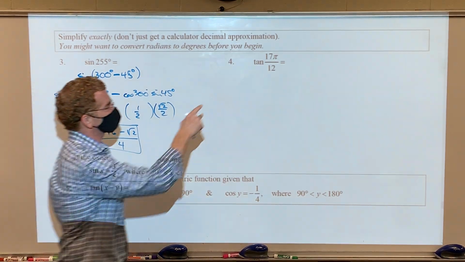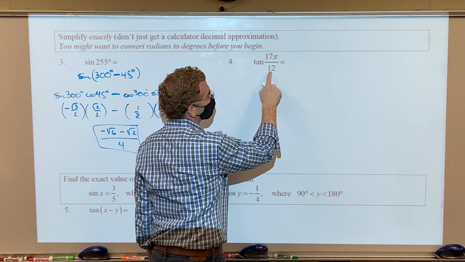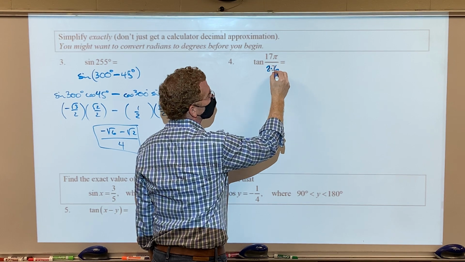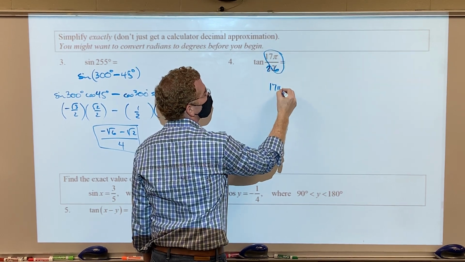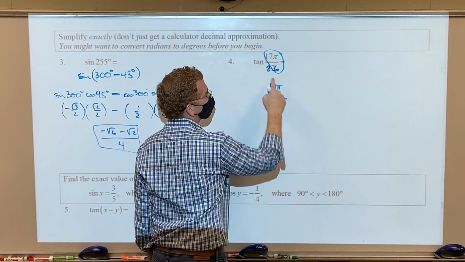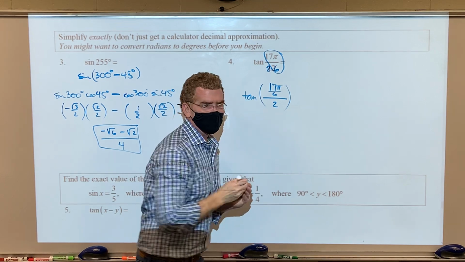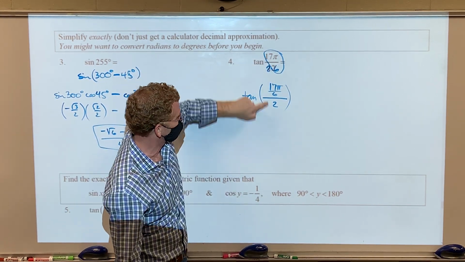But, for instance, right here, isn't 17 pi over 12, if I think about that 12 as a 2 times a 6, the same thing as 17 pi over 6 divided by a 2? Think about it. If 12 is 2 times 6, then isn't this 17 pi over 6 over 2?